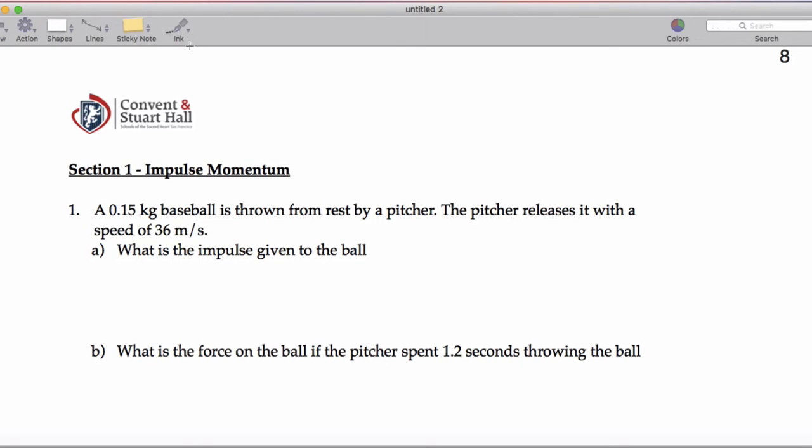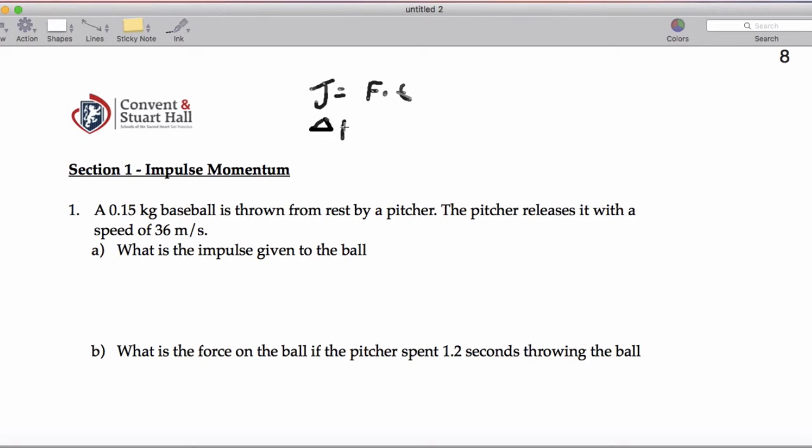So here, we have a 0.15 kilogram baseball thrown from rest. We're given a release speed, and we want to calculate the impulse. So this is something that will happen a lot in impulse momentum problems, where we have impulse defined as force times time. It's a force acting over a time.